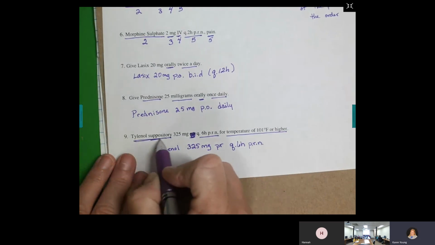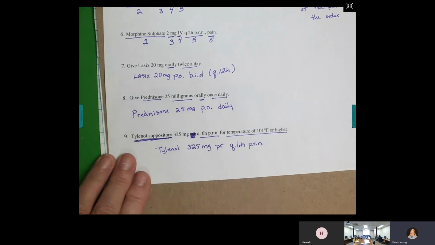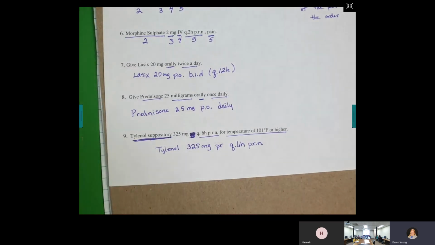Some people will use this Tylenol suppository, and I guess I shouldn't have marked out that PR because it's prorectally. So you're either dealing with a very small child, somebody that's got other health issues that can't take it by mouth, or an older adult that has trouble swallowing.